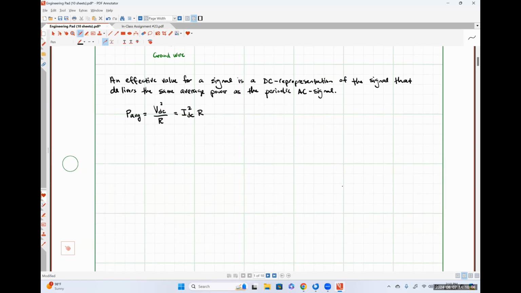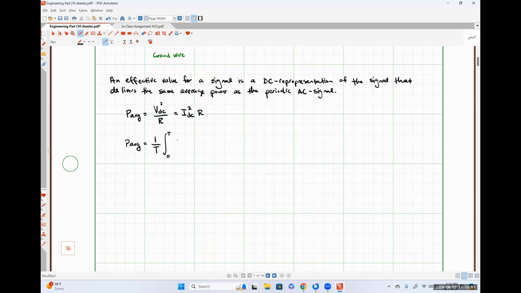On the AC side of things, we know that the average power is going to be 1 over the period multiplied by the integral over 1 period of our instantaneous power. And this is what we talked about at the end of our last lecture. Well, we could represent the instantaneous power absorbed by a resistor as a function of its voltage waveform or its current waveform.